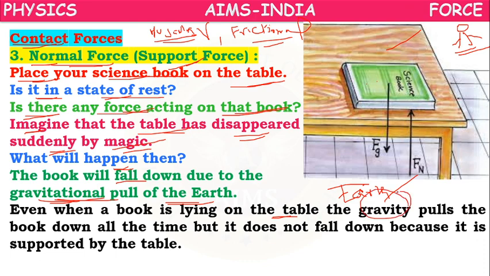Gravity will still try to pull the book down, but it does not fall because it is supported by the table. In both cases, gravity works, but when the table is there, the book does not fall down. Why? Because the book is supported by the table.